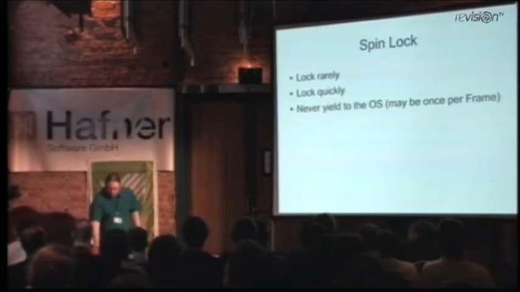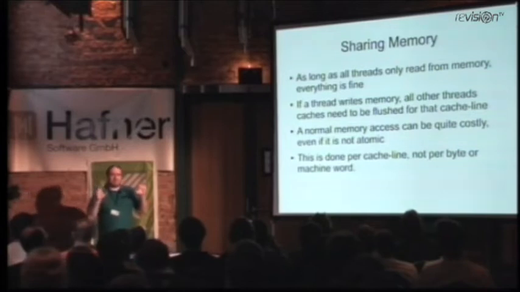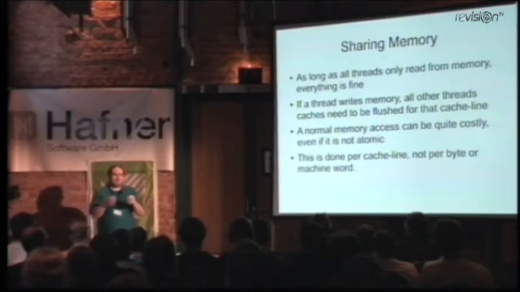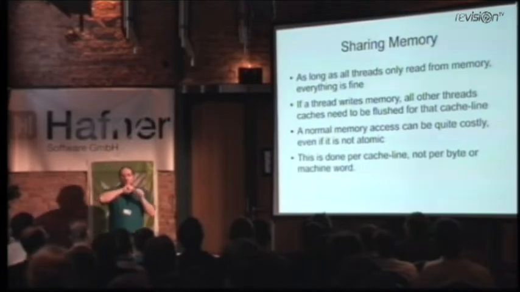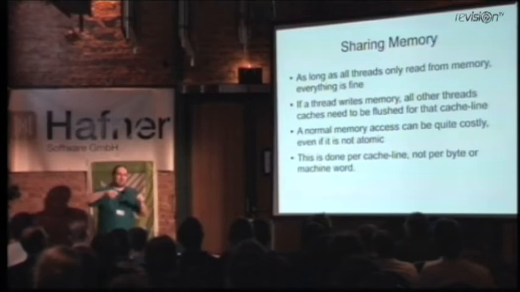If you're really going for high performance, you should be aware of shared memory problems. As long as all your threads only read from memory, nothing is a problem because every core has its own cache. But if one core writes something, it has to invalidate the caches of all the other cores, with L1 and L2 cache and possibly L3 cache, and this can be a very expensive thing.